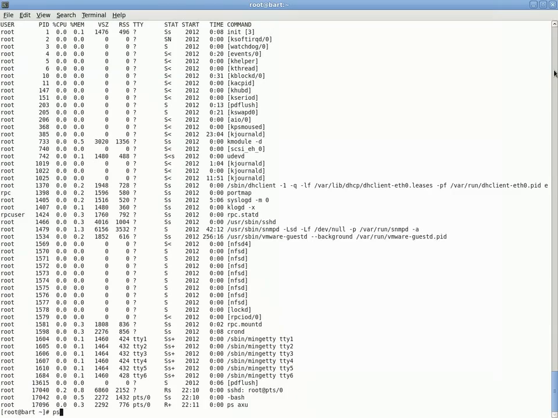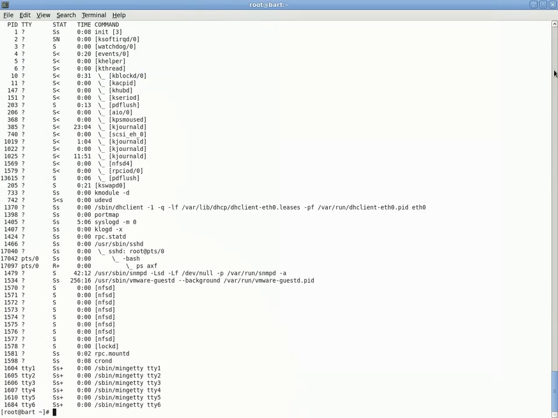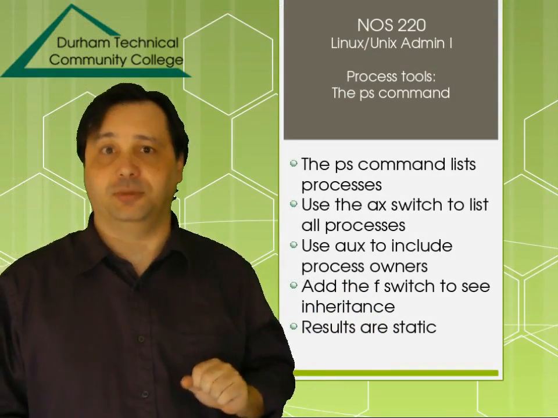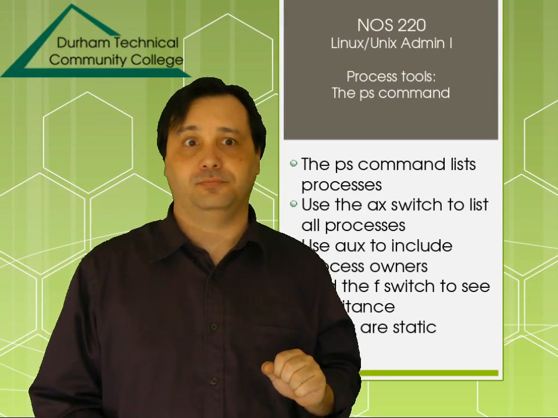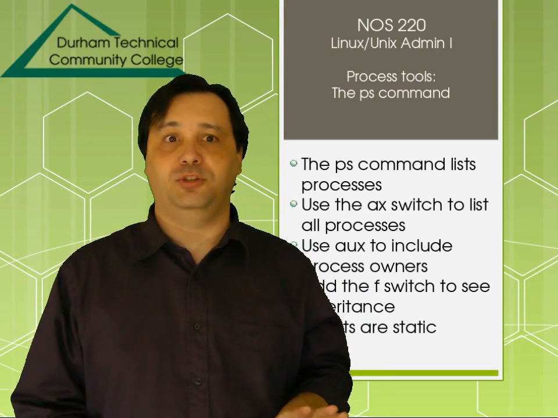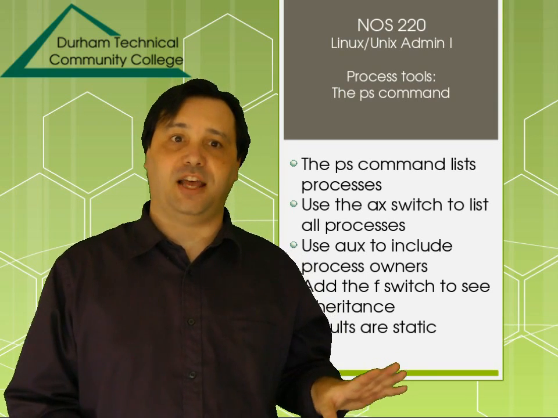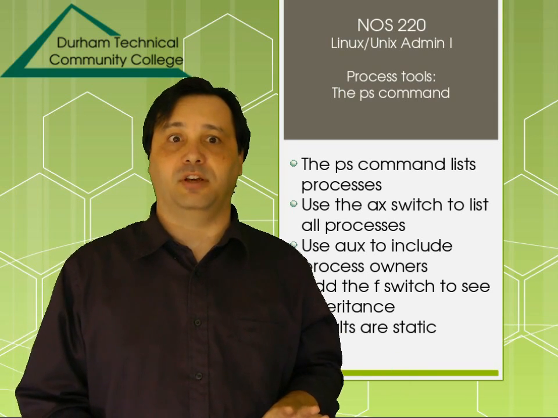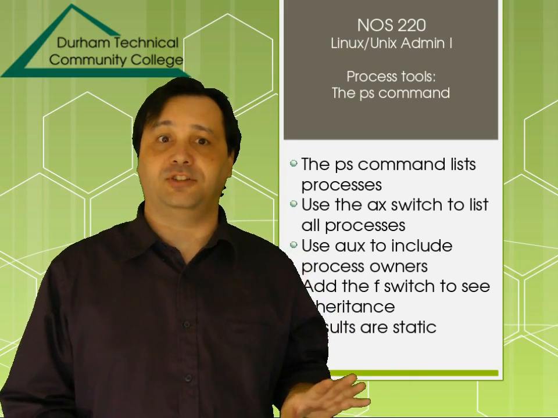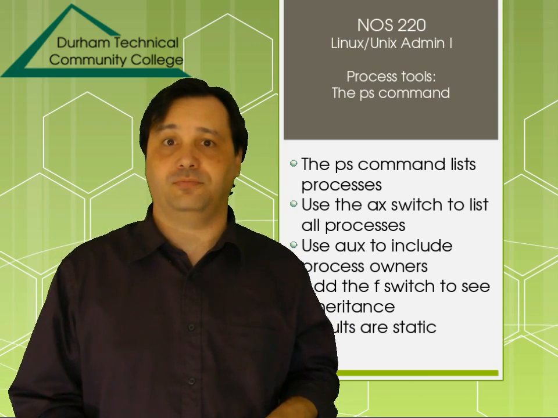In addition, you can use the f switch to get a graphical representation of the parent-child relationships between processes. While ps is an extremely useful tool, the information is static, so multiple ps commands are necessary to see the effects of user actions.